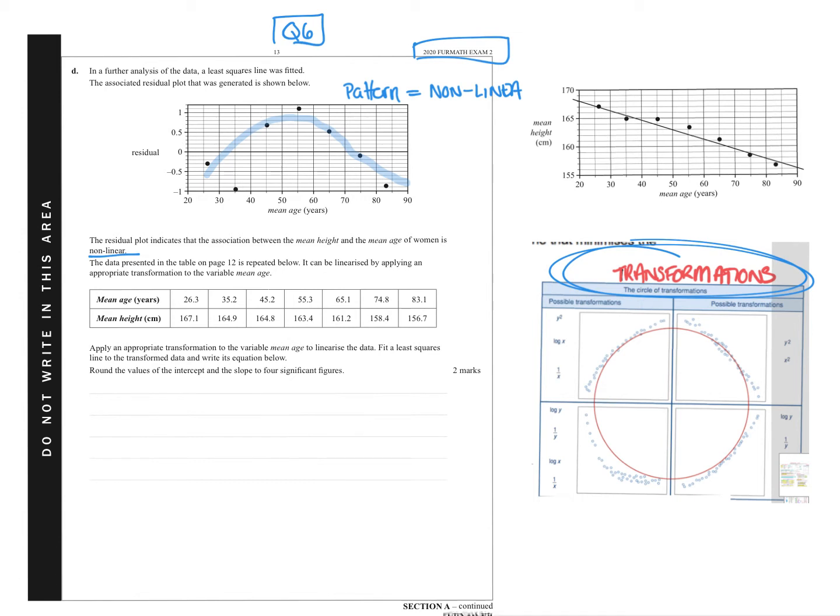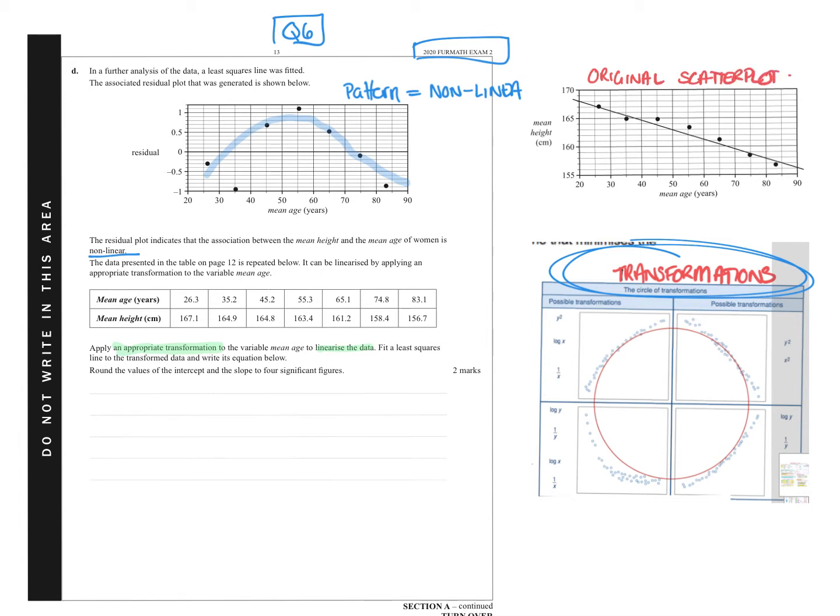Now down here, we don't often see this in exams where they ask you to just select an appropriate transformation, so they could accept multiple answers to linearize it. So what you have to do is look at the original scatter plot. This is the original scatter plot, which I've grabbed from the other questions at the start on the other page.